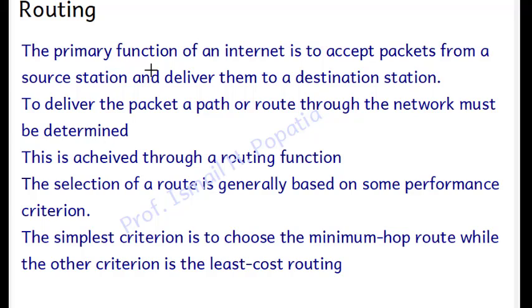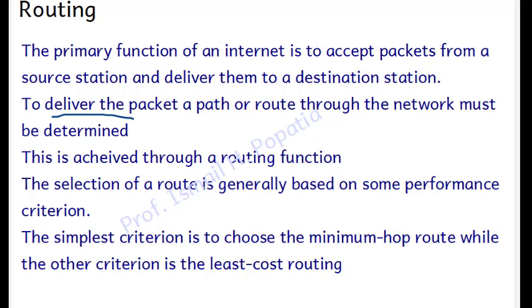When any host passes data in the form of a packet, before reaching the destination, it may pass through various nodes. That node can be a router. So the basic function is to deliver that particular packet from source to destination, passing through various nodes.